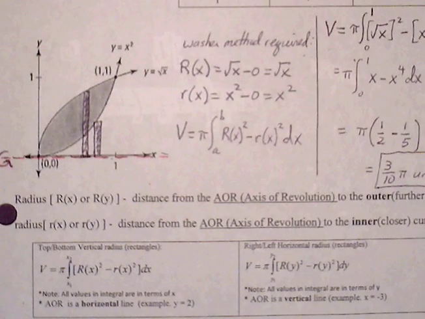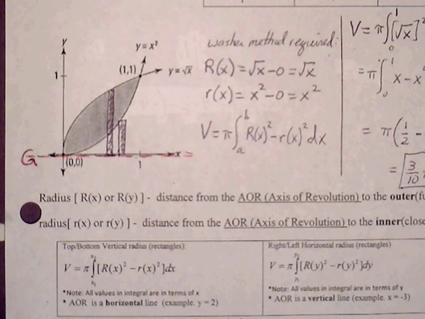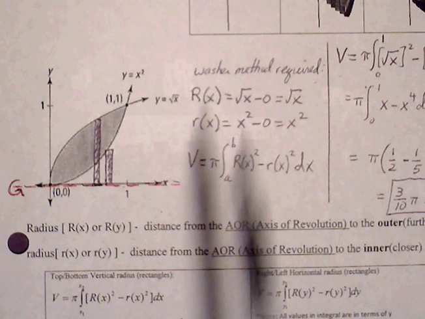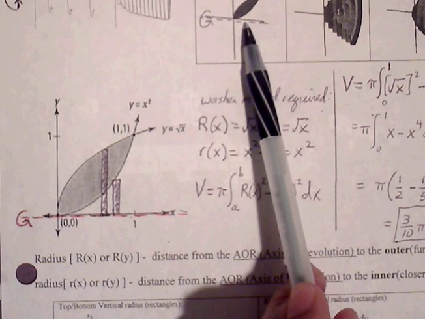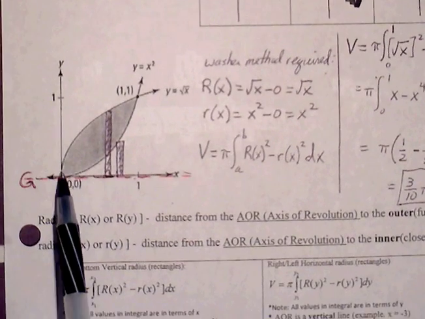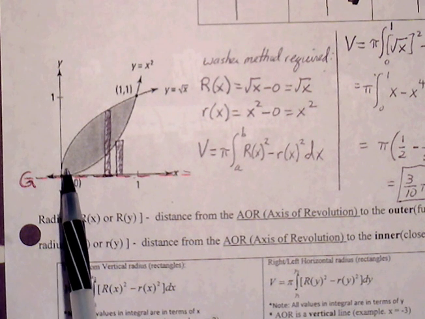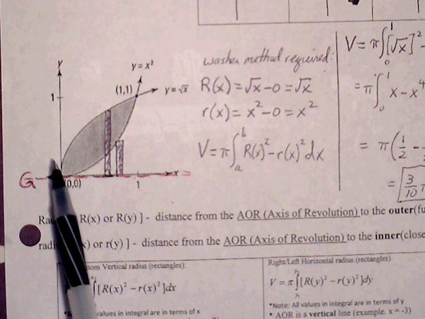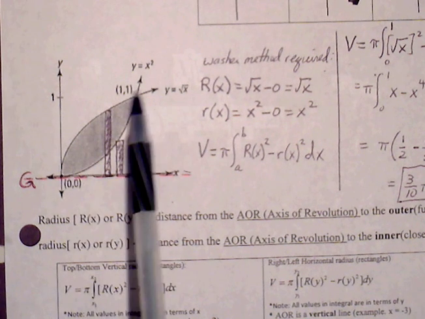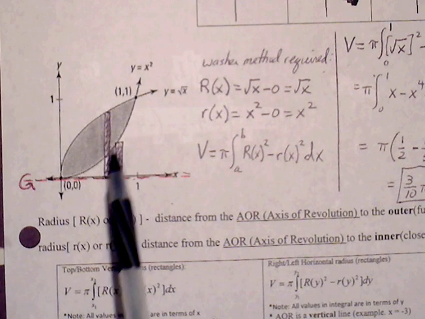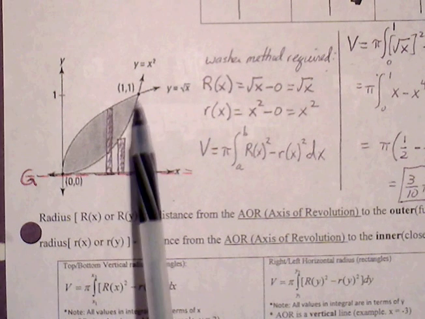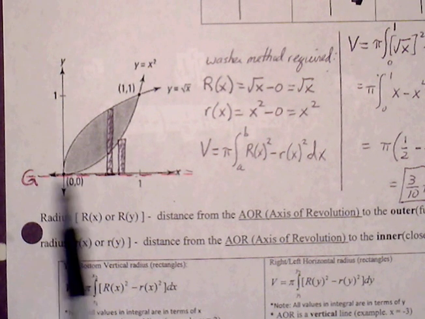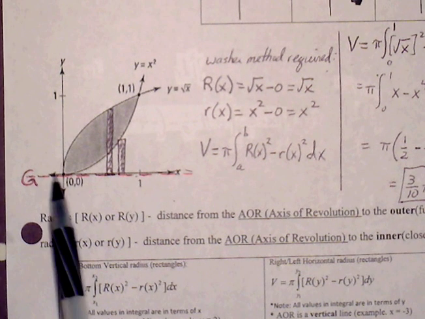Let me walk through a problem here, and then we can go through the steps. So this figure here, we're going to expand that and look at this problem. Let's say this leaf-shaped figure is created by y equals square root of x and y equals x squared. We see the shaded region here, and we want to revolve this around the x-axis.